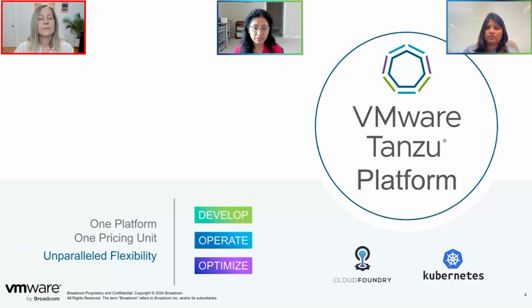We have relational database services, messaging services, data caching. All of these work very well with Tanzu Platform, and therefore, when our customers are looking to bind to these services, it becomes really easy for them to pull these in.